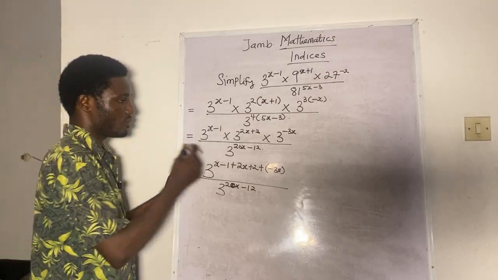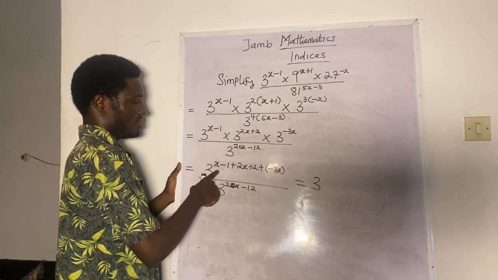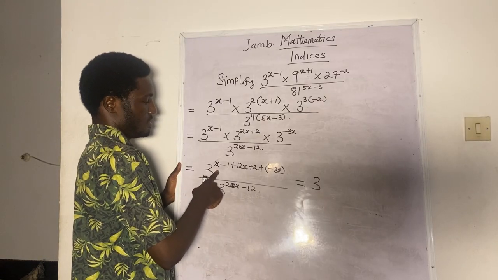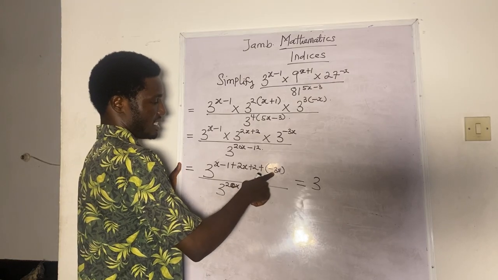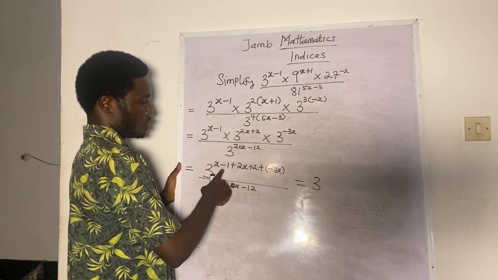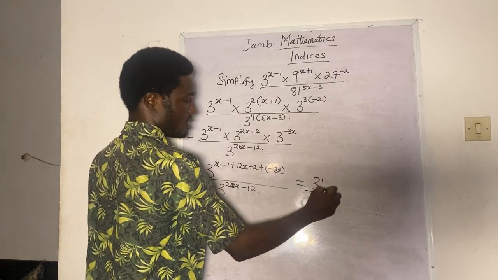So we can go further to simplify. We have x plus 2x, that's 3x. 3x minus 3x is 0. So we have minus 1 plus 2. Minus 1 plus 2 is 1. So we have 3 to the power of 1 there.